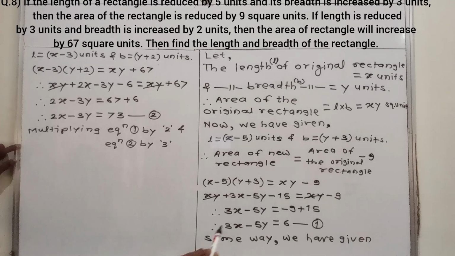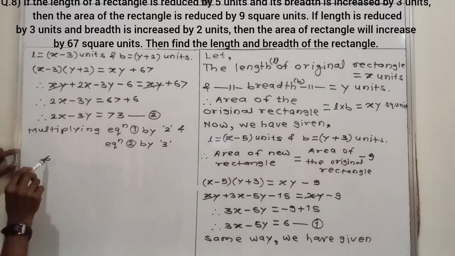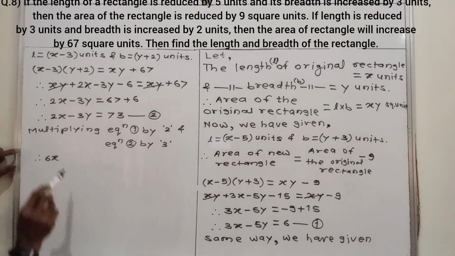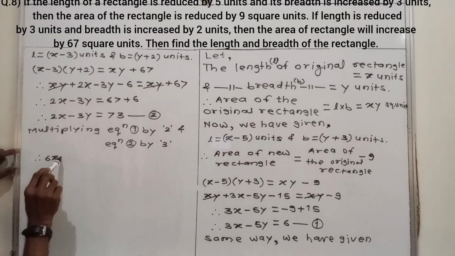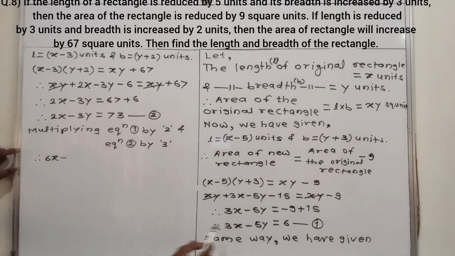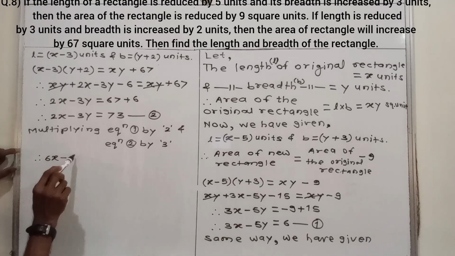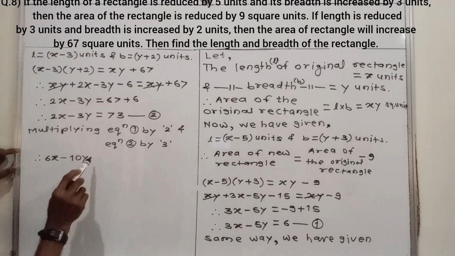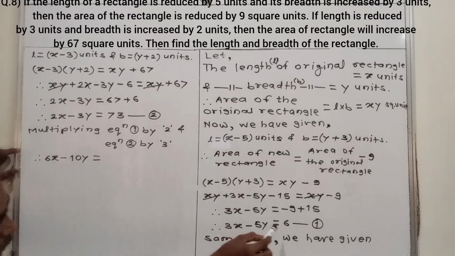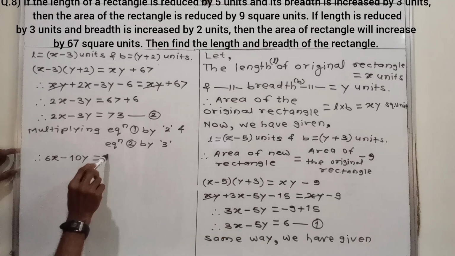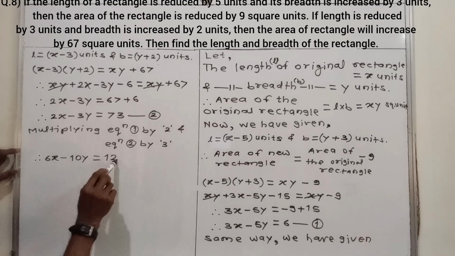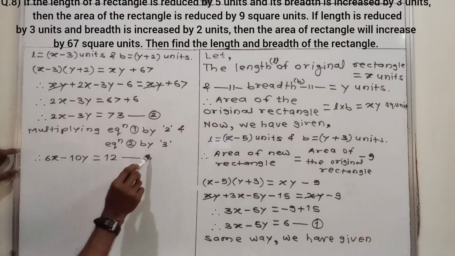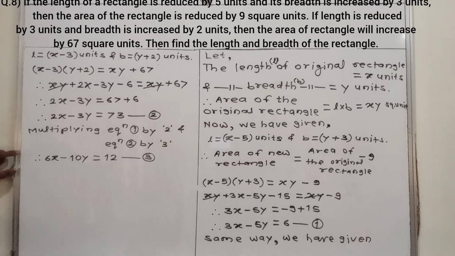Therefore, multiplying this by 2: 2 into 3x, 6x, minus 5y into 2, 10y, is equal to 6 into 2, 12. New equation.